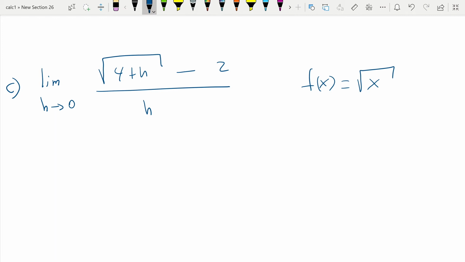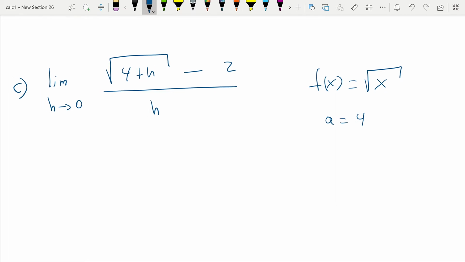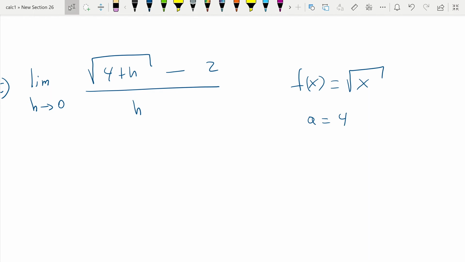And the point, well, look at what's inside that function. You've got 4 plus h, so that's the point. The point a is going to be 4 then. We're adding h, a small number, to the point.